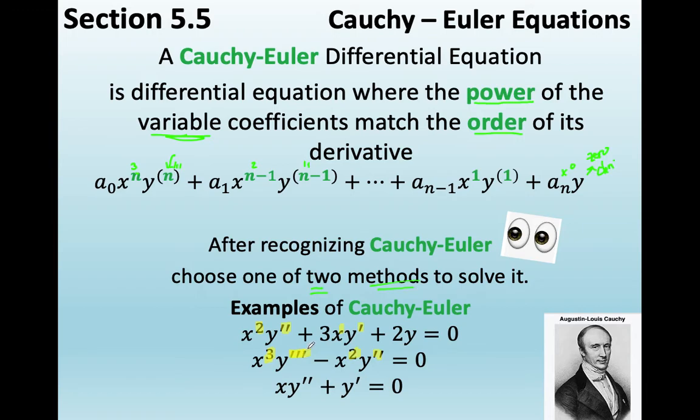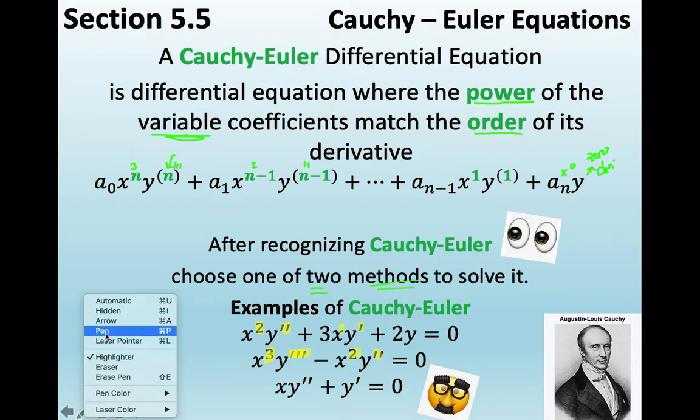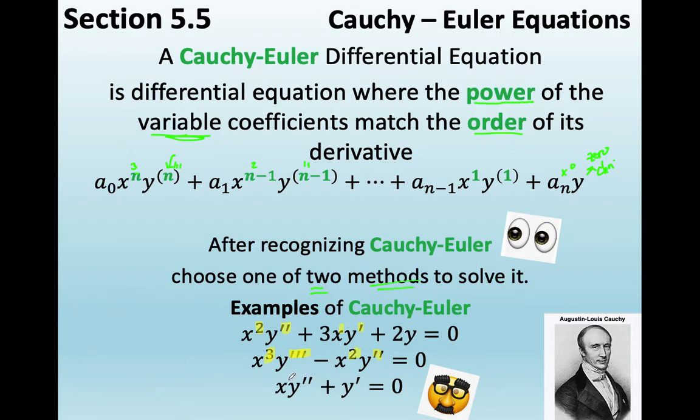But what's up with this third one? That's Cauchy in disguise. Can you tell why? This obviously doesn't match. But I have an equation. If I want to use Cauchy, what can I do? What if I multiply everybody by x?